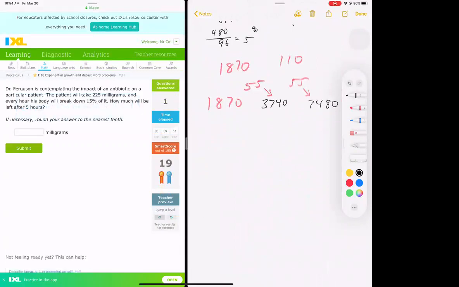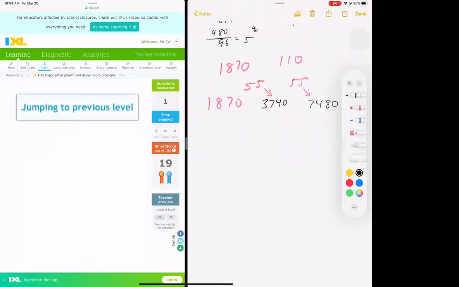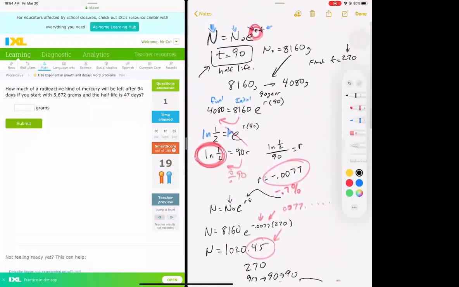If not, we set it up the way we traditionally did up on top, where we say, I know that the half-life model goes from 8,000 to 4,000. So we first always initially look for our R rate, our R value here. Once we find the R value, we can then predict it at any time.